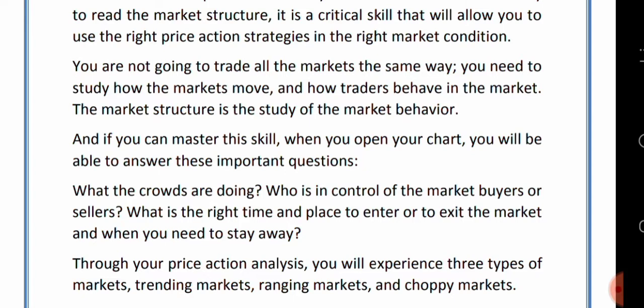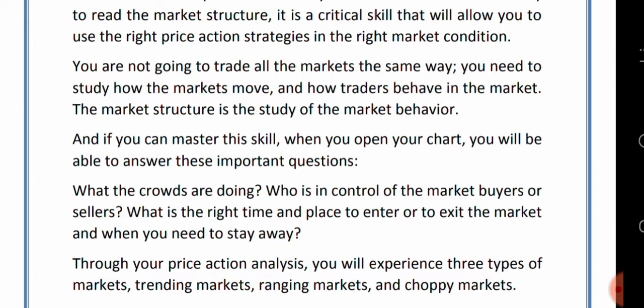And in the same way, in a selling market, in a downtrend where sellers have control, where sellers have the momentum, it will be foolish of us to be looking for buying opportunities in such a market, because obviously sellers are in control of this market and we should be looking for selling opportunities instead.